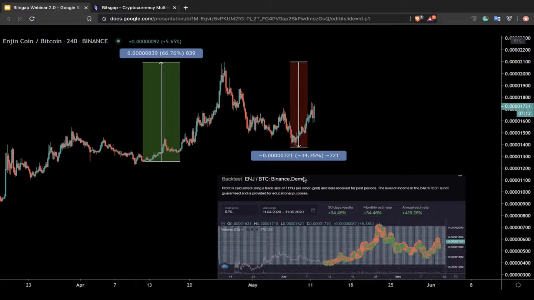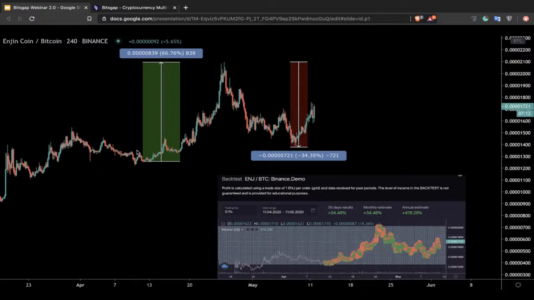So what you can clearly see here is that throughout this period, if we would have initiated the bot exactly on the 11th of April, the bot would have made 34% in BTC, all right?